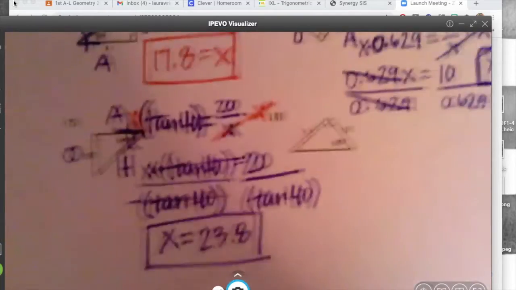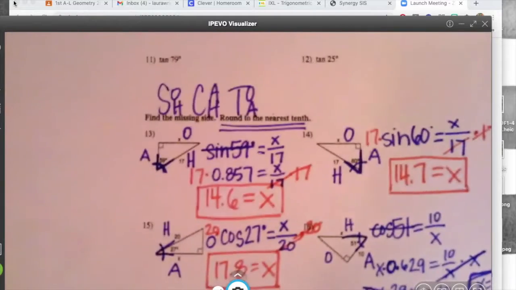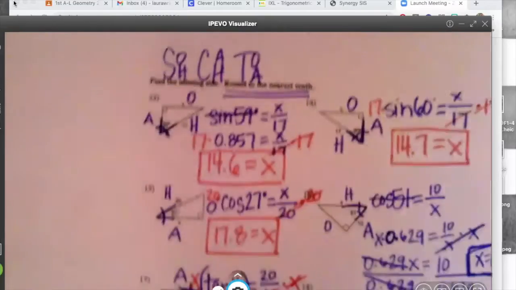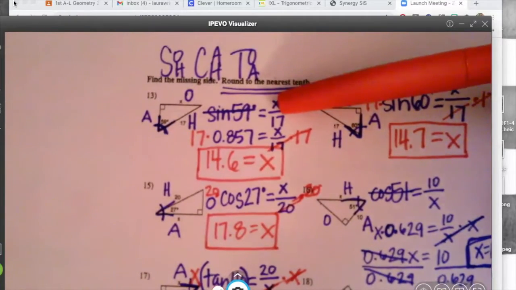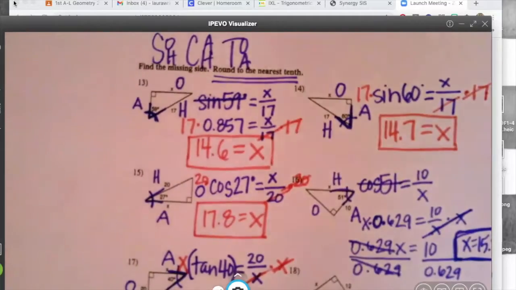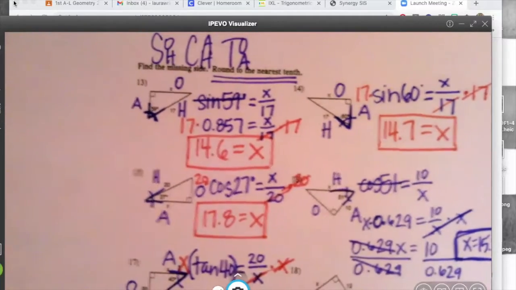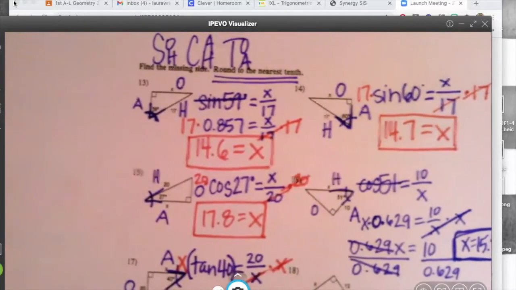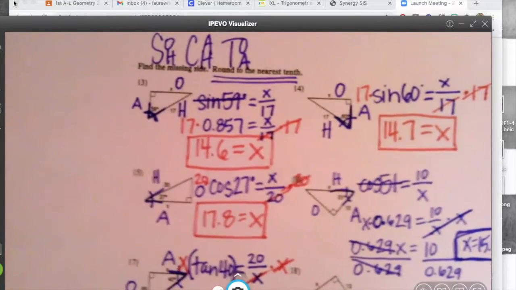So what I want you to notice before I have you try number 18 on your own: regardless of where the x is, whether the x is on the top of the fraction or the bottom, the first thing we did was get rid of the fraction by multiplying times the denominator on both sides.